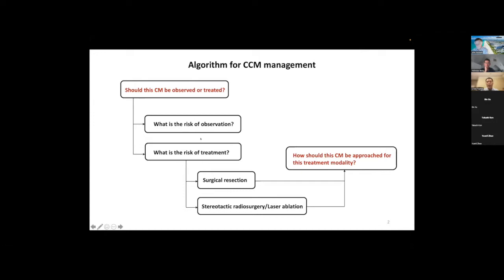Before we can answer that, we need to help the patient understand the risk of treatment, whether it is open surgery, stereotactic radiosurgery, or even laser ablation recently. Or alternatively, what would it be like if they choose to follow up without these invasive treatments. Usually the patient would like to have the exact number or ratio to understand the risk.